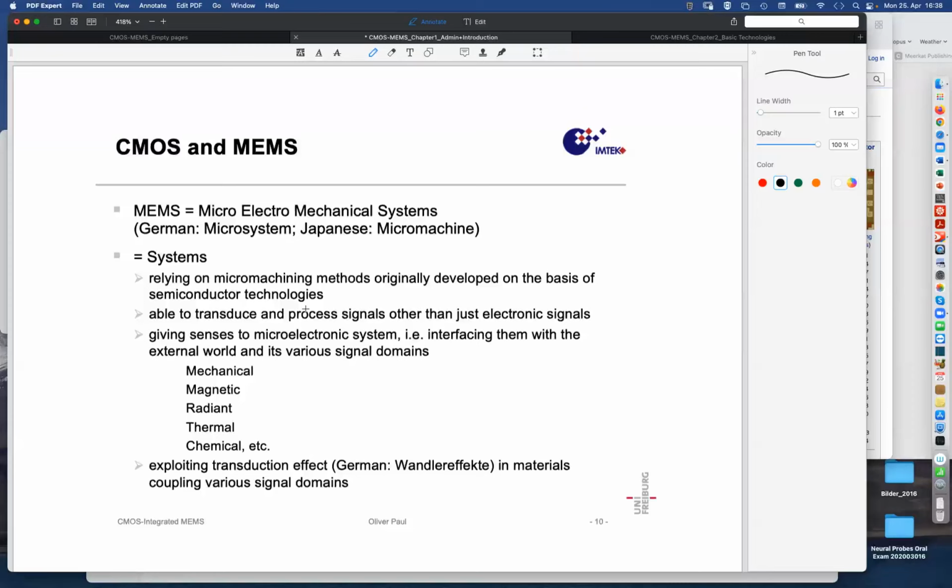So you can still squeeze out a bit more by design, but you can squeeze out much more by adding additional functionality. And so in a sense, it is interesting to say that MEMS give senses to microelectronic systems because they can sense mechanical, magnetic, radiant, thermal, chemical effects.